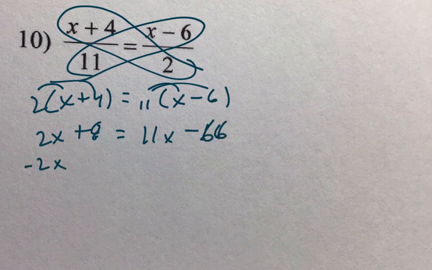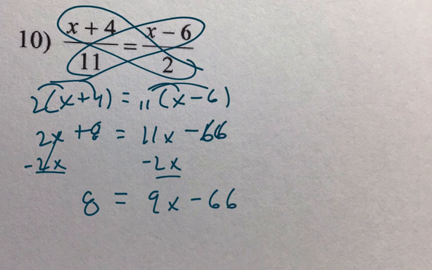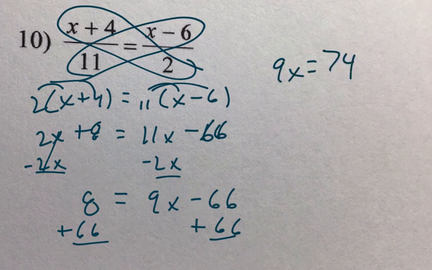I'm going to go ahead and minus 2x both sides. So 8 is going to equal 9x minus 66. I'm going to now add 66 to both sides. So 9x is going to equal 74. And now I'm just going to divide by 9. So x is 74/9.